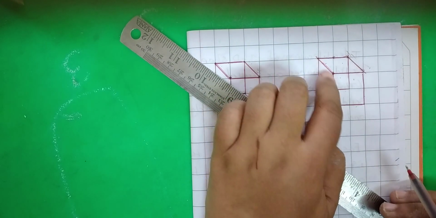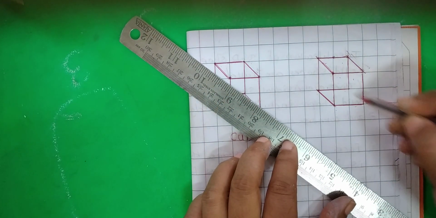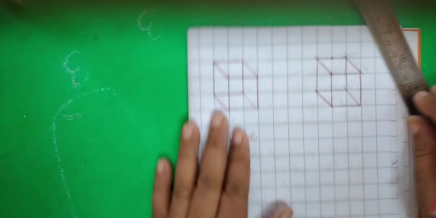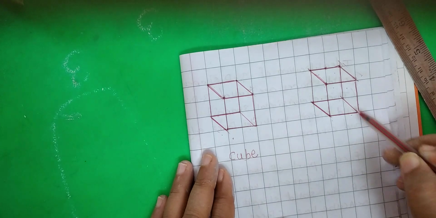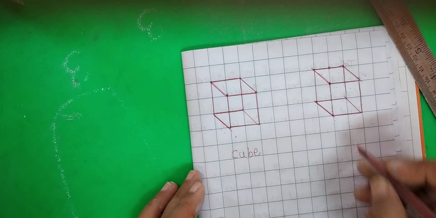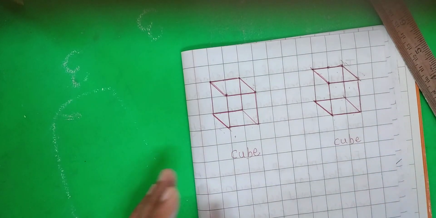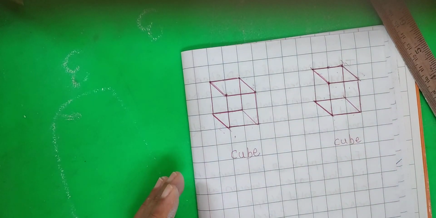See, this over, then join this and this. See, completed. Cube. C-U-B-E. Okay, understood students? Okay, bye.